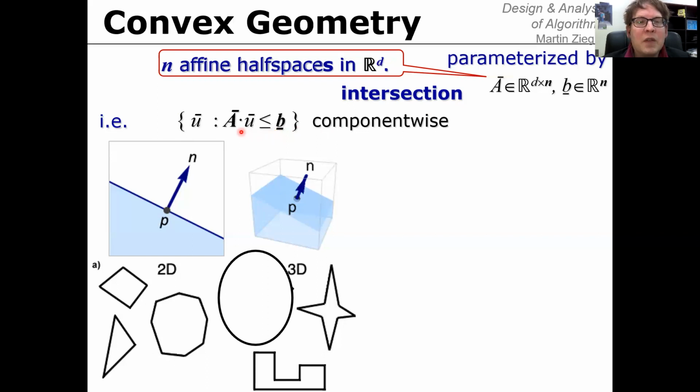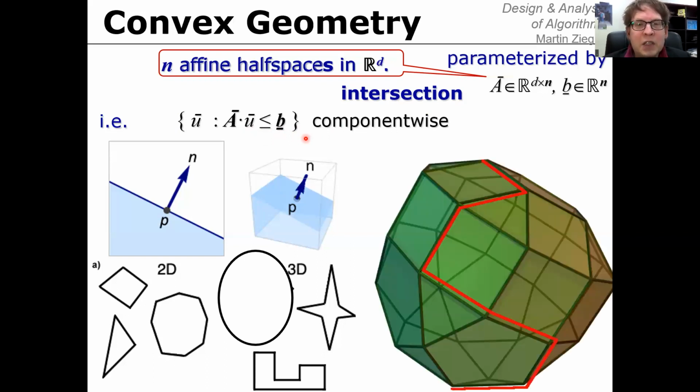So here, the left-hand side is an n-dimensional vector, the right-hand side is an n-dimensional vector, and we require that each entry in the left vector must be less or equal to the corresponding entry in the right vector. So that symbolically, algebraically, and geometrically gives a very nice picture like this.